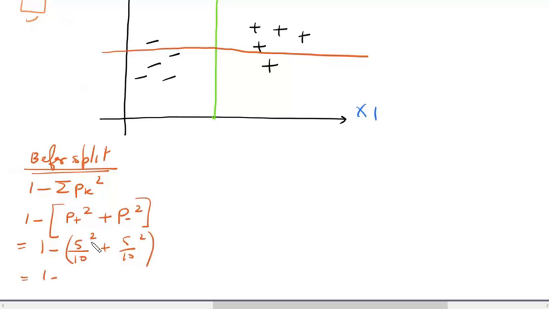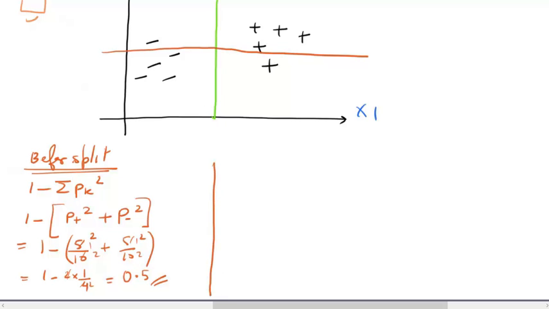So 5 by 10 into 2 gives me 2 into 1 by 4, so this will cancel out and give me 1 by 2. So 1 by 4 plus 1 by 4 will give me 1 by 2. So I get 0.5 as the answer. This is my Gini index before split.